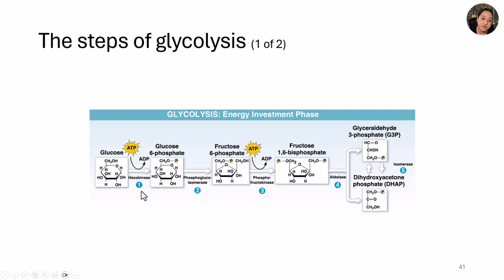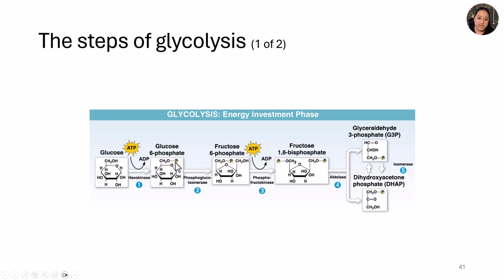In this first step, there's an enzyme called hexokinase. Remember how I said every enzyme ends in ase, or almost every enzyme. You can see that it's true for all of these. So they end in ase. Hexokinase removes a phosphate from ATP and then slaps it onto glucose. And so right now, this is glucose 6-phosphate. It's glucose and it has a phosphate right there on the 6th carbon.